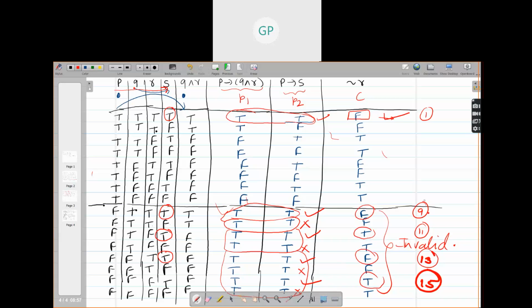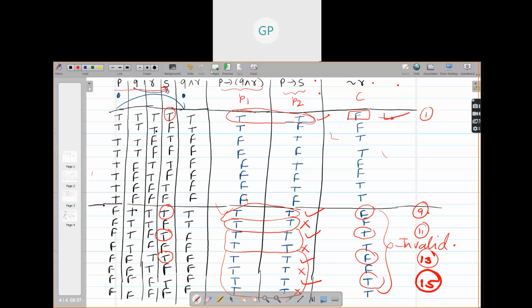But in the 9th row, 1st row, 13th row, all your premises are true, but the conclusion is false. Are you getting it? Yes, ma'am. So this is a contradictory situation. In one row, all premises are true and the conclusion is also true. In another row, premises are true but the conclusion is false. So this is a contradictory situation, and this happens because your argument is invalid.